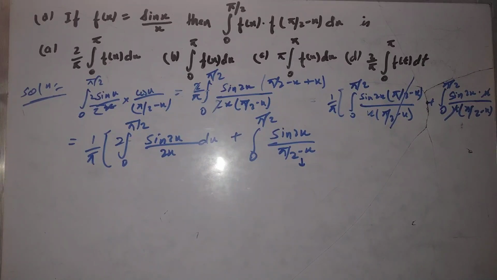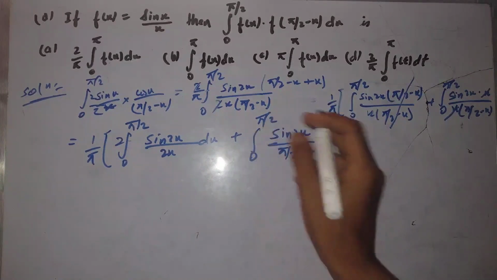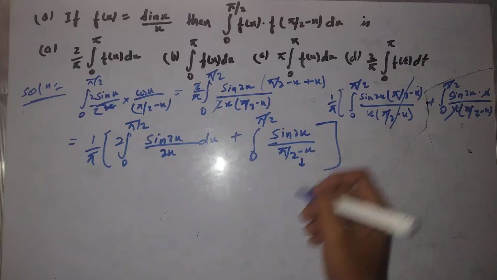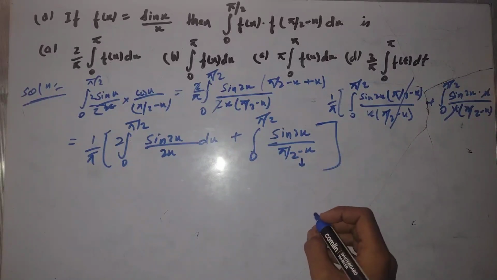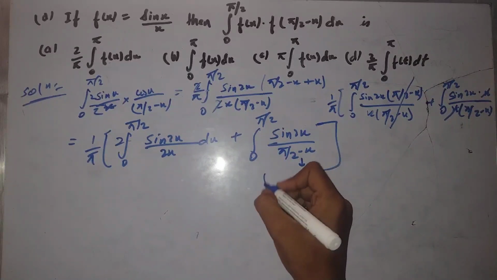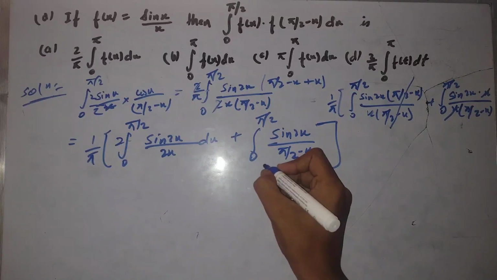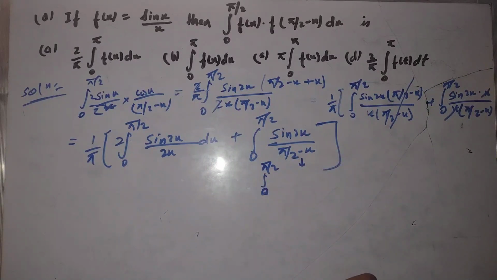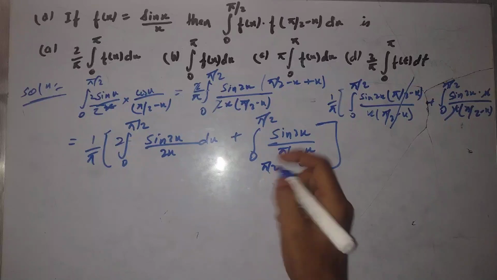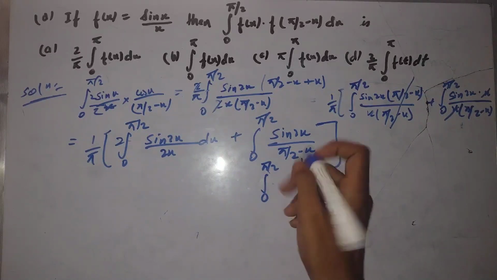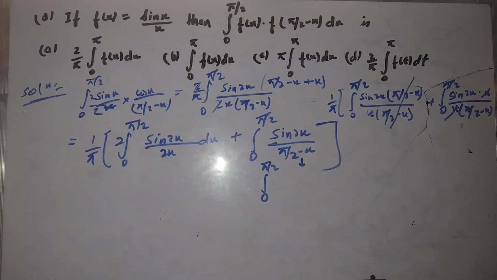By using King's rule, I can write this particular thing as the integral from 0 to pi by 2, and in sin 2x I'm going to write x as pi by 2 minus x.